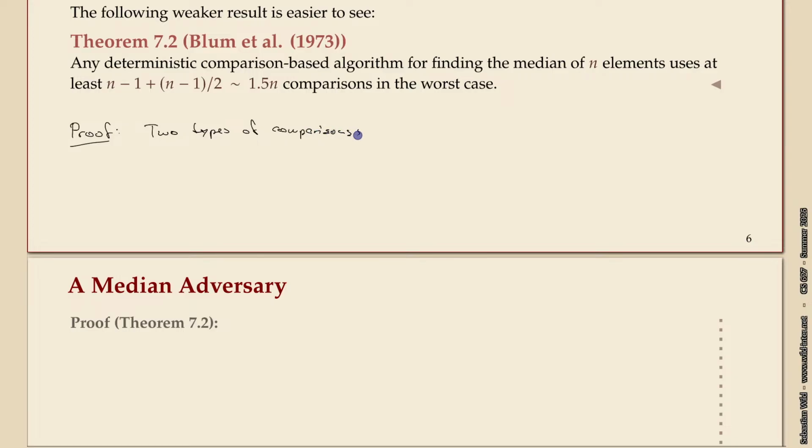There's some comparisons which are necessary from an information theoretic perspective, which means if the algorithm doesn't learn about the outcome of these comparisons, it cannot be sure that the output it produces is correct. So in our case, we want to output some element x and claim that this is the median. So if I'm outputting this element x and claim this is the median, I, as the algorithm, I have to have proof of that. Otherwise, some mean person modifies the input in a way that makes my claim wrong.